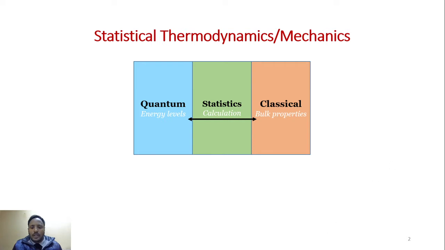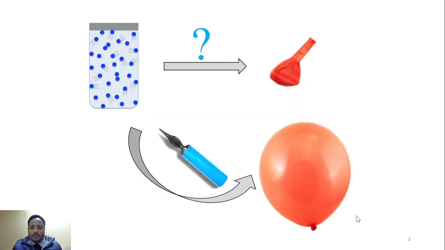We can draw an analogy of this relationship of three branches of science with this example. Consider a jar of a gas and a balloon. The balloon cannot function the way it does unless the gas is filled in it. Quantum mechanics is like the gas and classical thermodynamics is like the balloon.